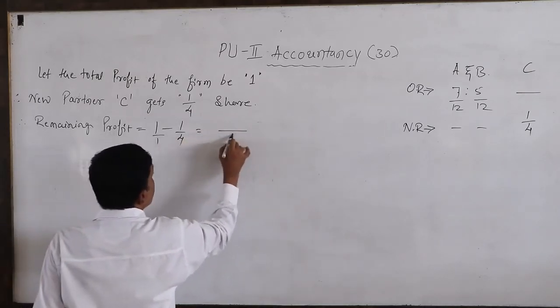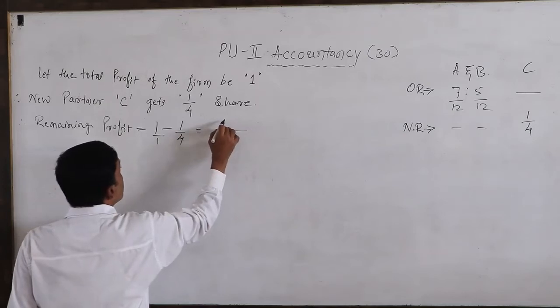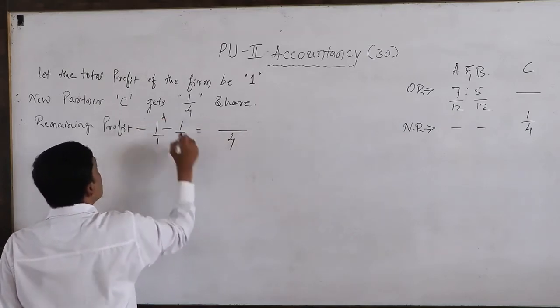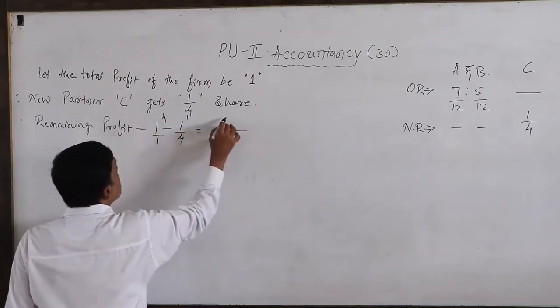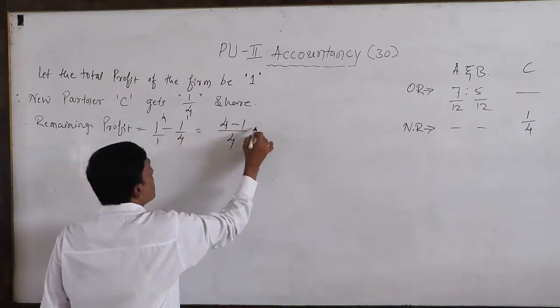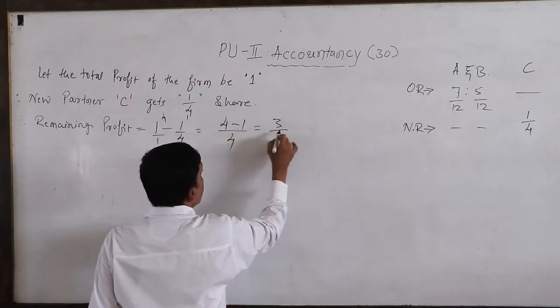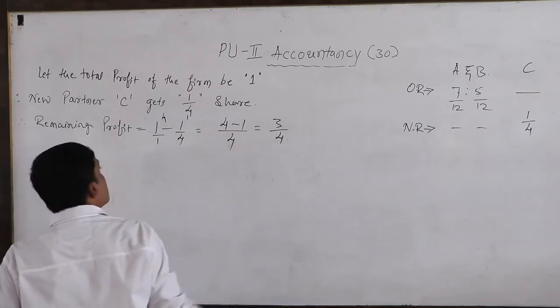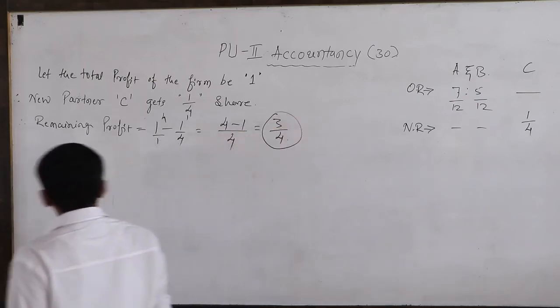The LCM will be 4. 4 1s are 4, 4 1s are 4 minus 1 1s are 1. It will be 3/4 is the remaining profit.